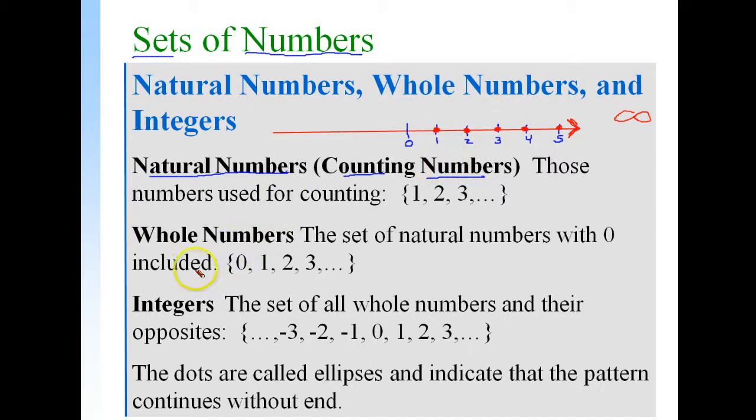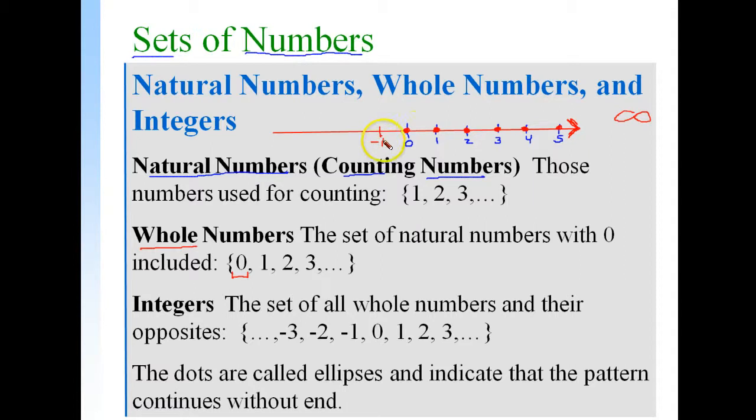Now, if we add a 0 to this natural number set, we get the next set, which are called whole numbers. This is now the graph of whole numbers. Now, there are numbers on the other side. For instance, a 1 has an opposite 1 on the other side that we say is -1.